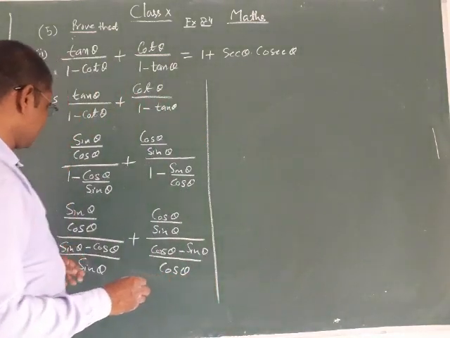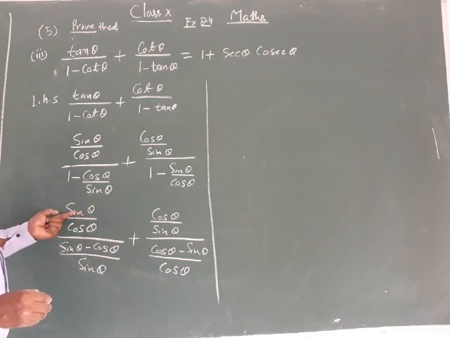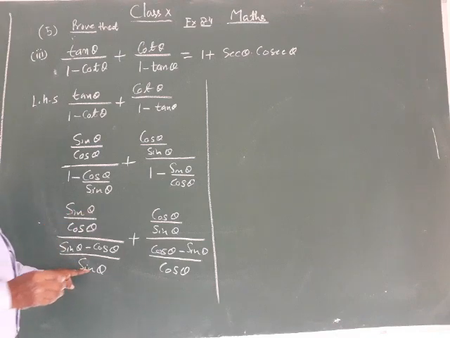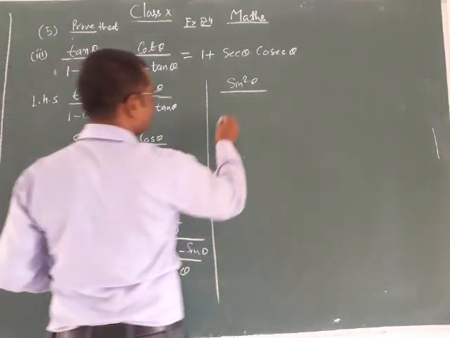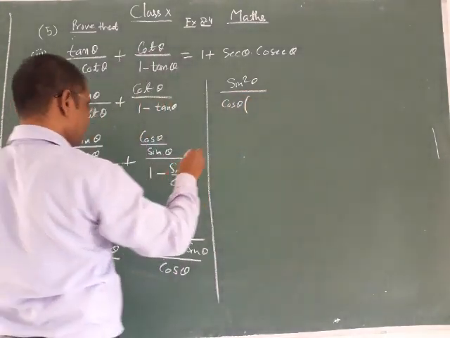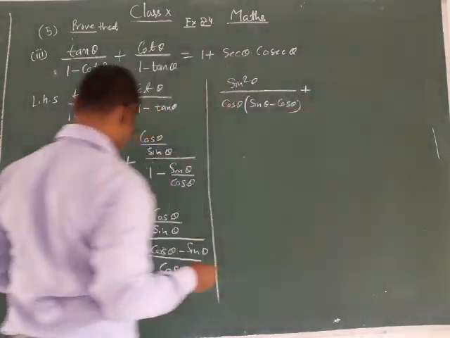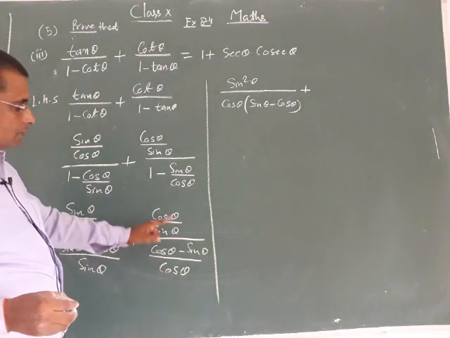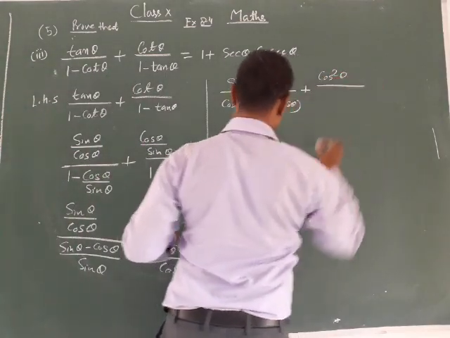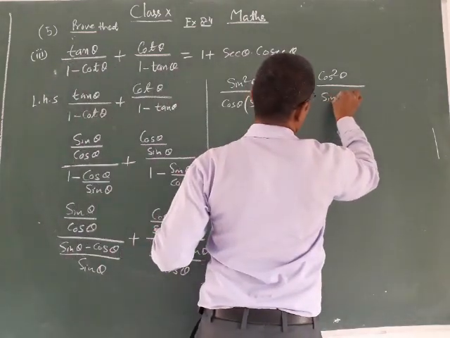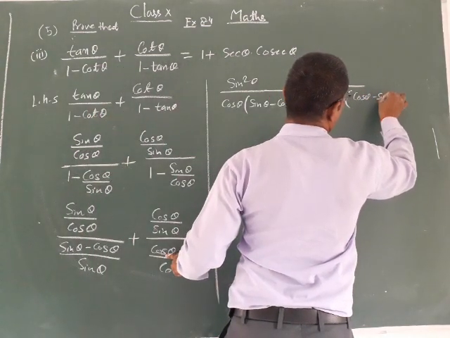Sin theta reverses into the numerator, so sin square theta upon cos theta in bracket (sin theta minus cos theta), plus cos theta reverses into the numerator, so cos square theta upon sin theta in bracket (cos theta minus sin theta).